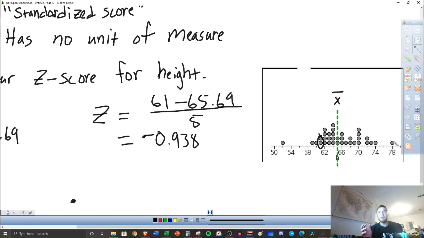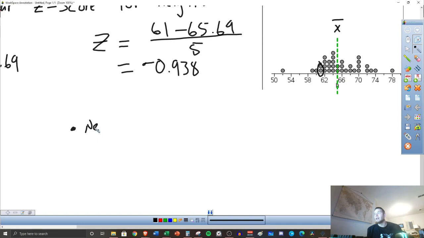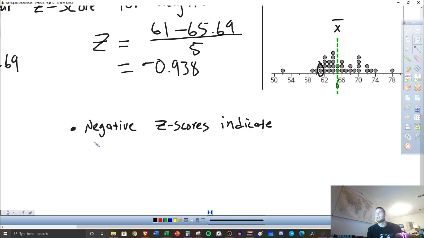Now, let's say we did like 78 or any of these values above this green line, you would get a positive value. So on our bullet point here, we're going to say negative z-scores indicate a value is below the mean.